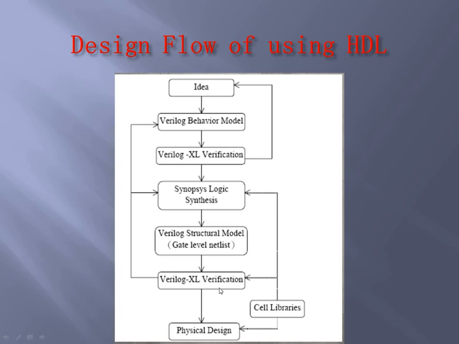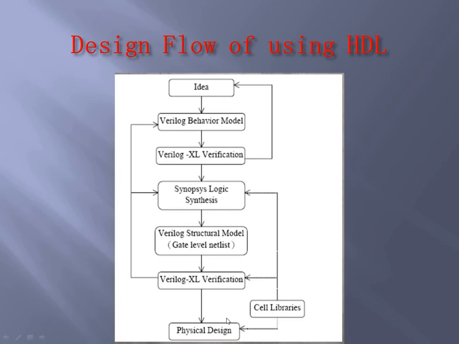Once you verify it, that is again post-synthesis simulation. The back arrows you see here mean that if you are not satisfied with the verification results or the output results, you can go back and make changes to get your desired output. Some of the cell libraries needed for verification are used in the physical design.